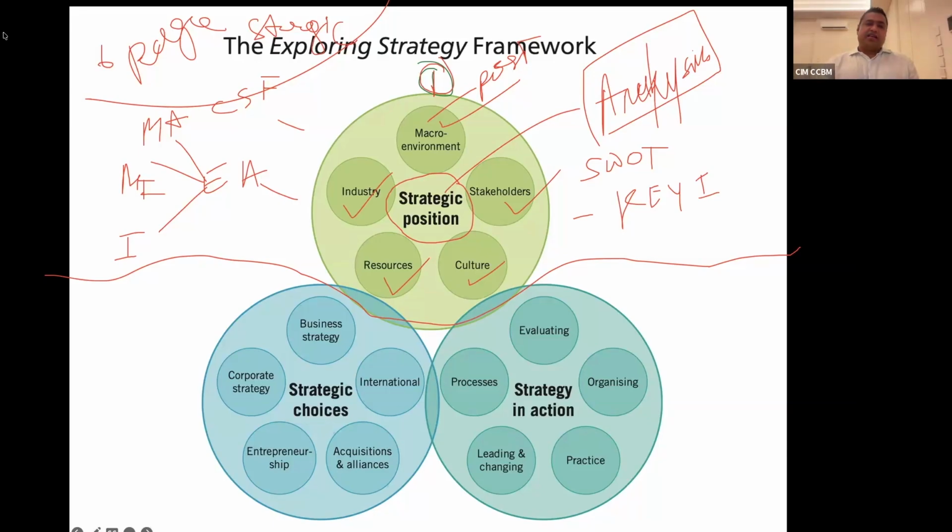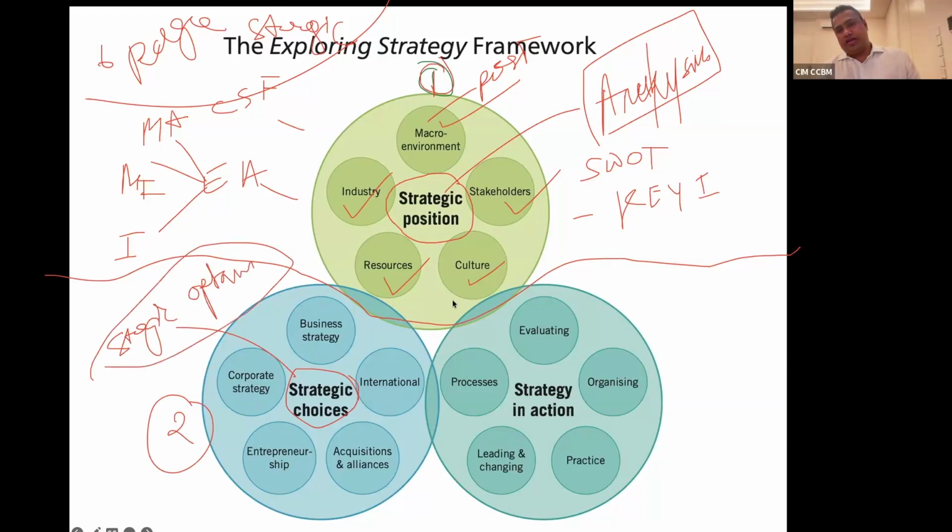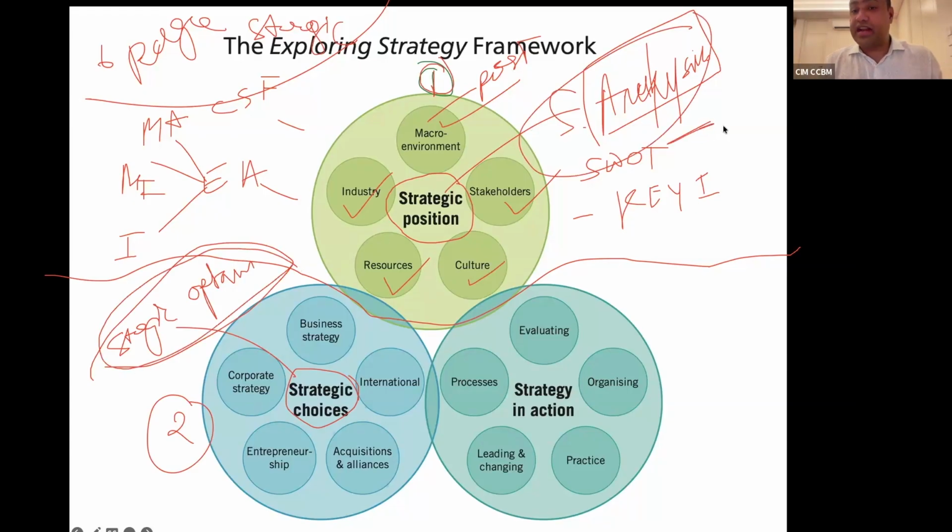Then we have the second step, which is task 2, which is to generate strategic options. Now, this is a consultant's job. Strategy analysis is also a consultant's job. Generating strategic options based on the strategic analysis is also a consultant's job.